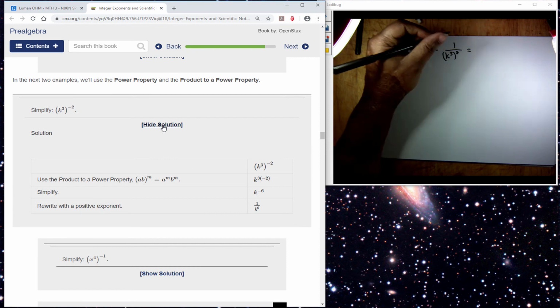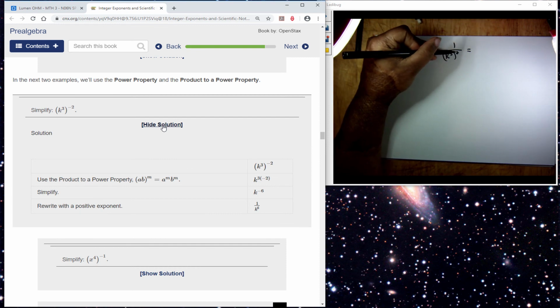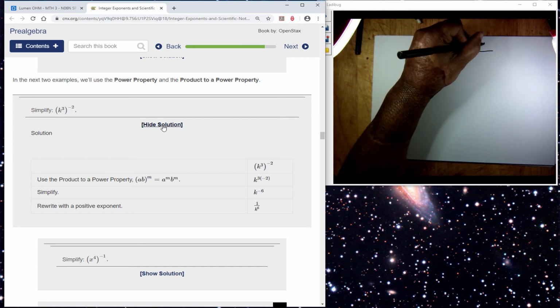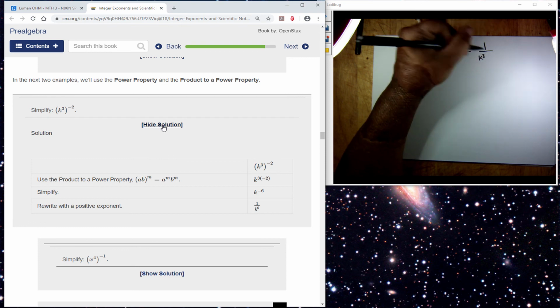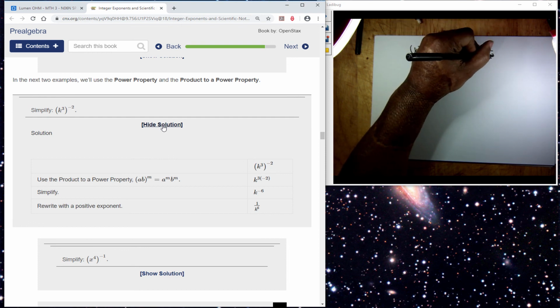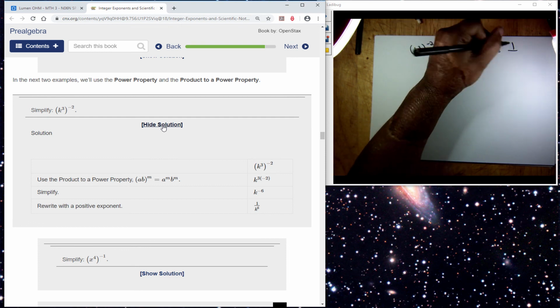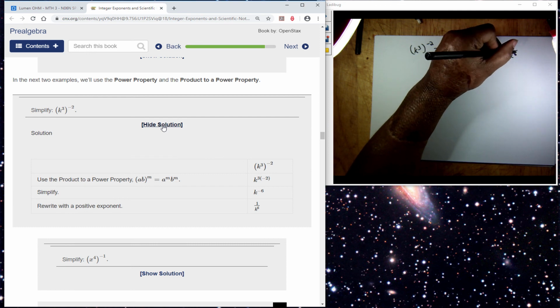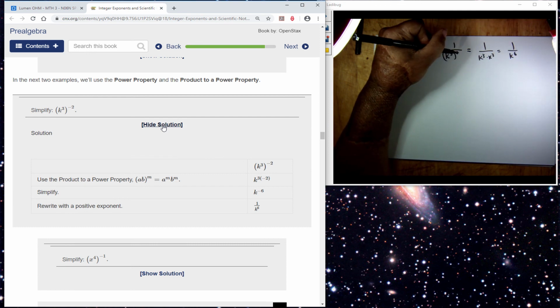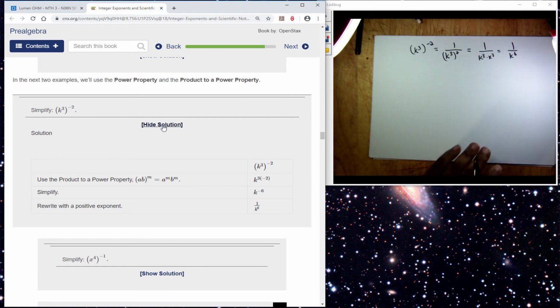So what we really have is k to the third times k to the third, which is going to be k to the sixth. You could also multiply this out and say 3 times 2 gives me 6.